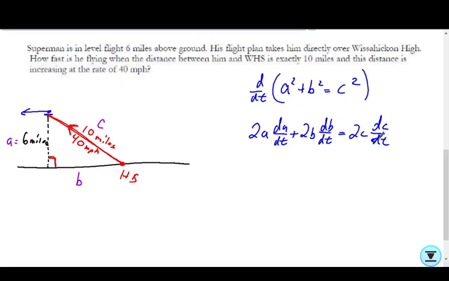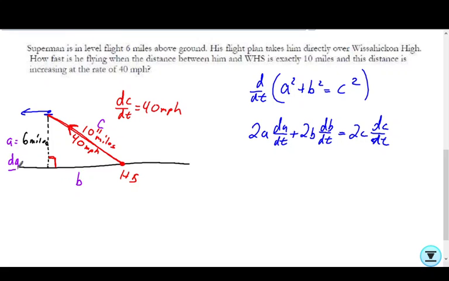Okay? Well, let's see. They gave us c. We know what c is. c is 10 miles. They also gave us dC over dt. That is 40 miles per hour. Now, they gave me a. a is 6 miles.